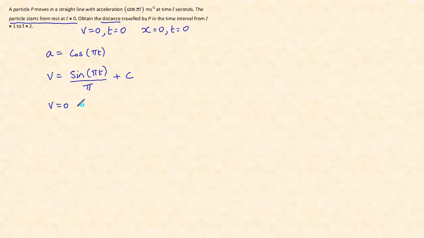We know that v equals 0 when t equals 0. So in that case v is 0, sine of 0 is 0, so that means that c will be 0. So we now have that v is equal to sine(pi t) over pi.